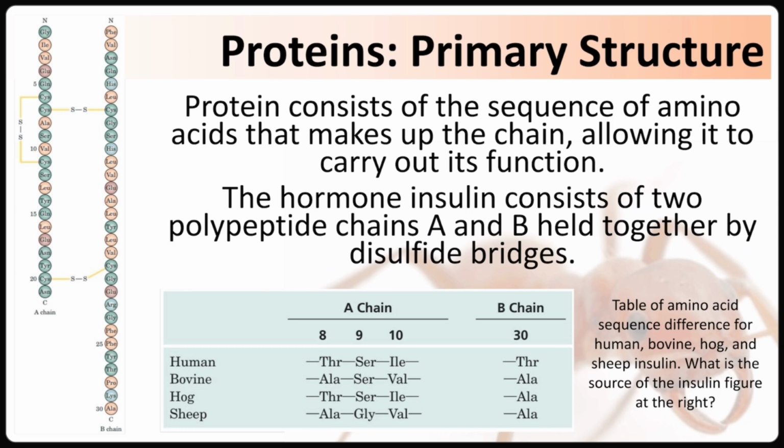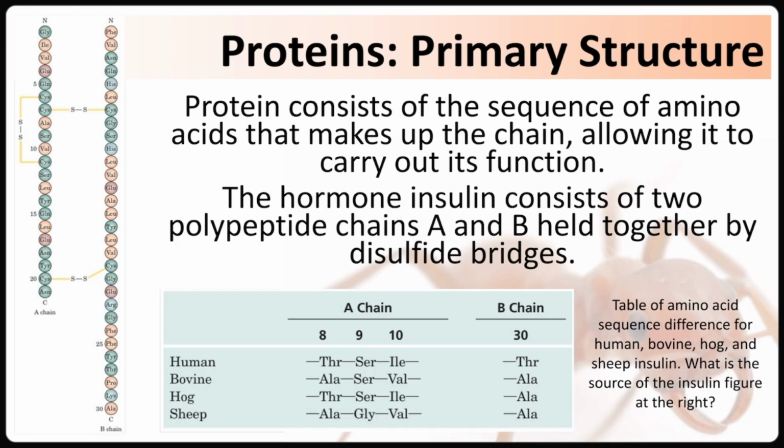Let's take a look, the 30th amino acid, the one that we can see in chain B, is alanine, and the 8th, 9th, and 10th amino acids, as we can see in the table, for chain A are alanine, serine, and valine. Therefore, the source of the amino acid presented is from the bovine.